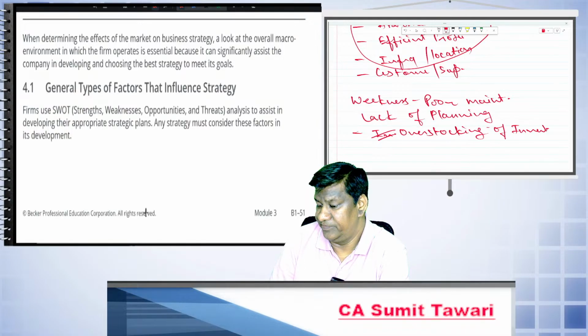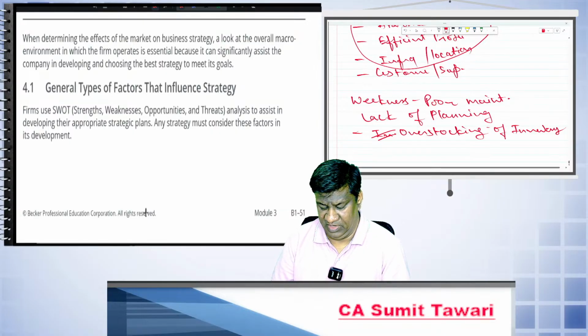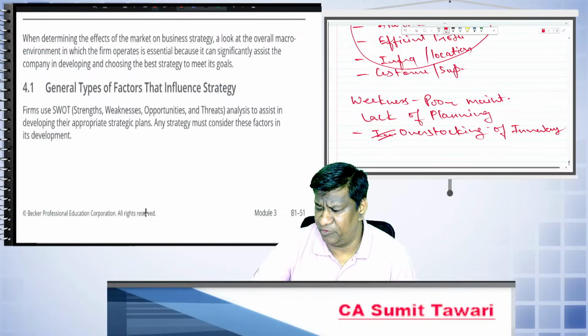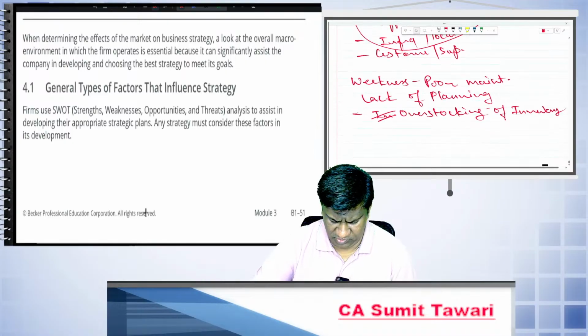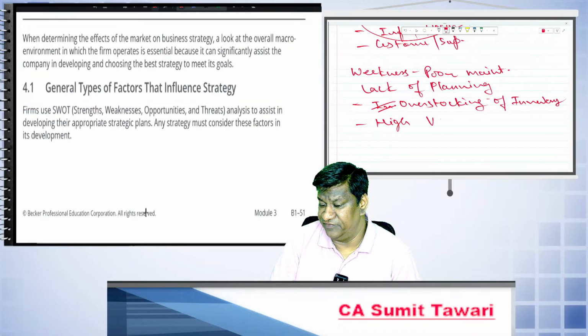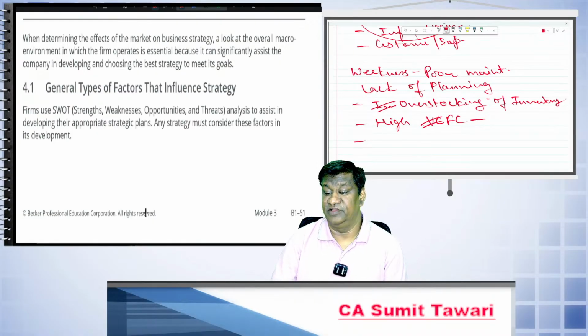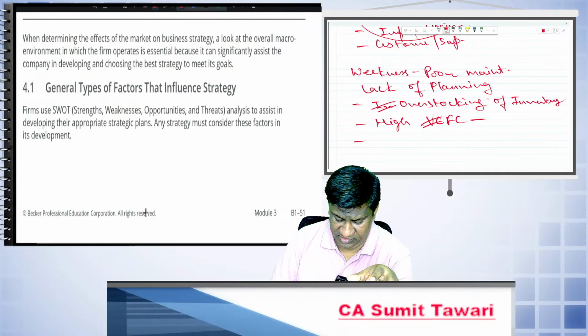Any other? High operating costs. We need to consider high fixed cost basically, because we cannot reduce it all of a sudden. So these are basically the weaknesses from our side, and these can also be controlled by the management.